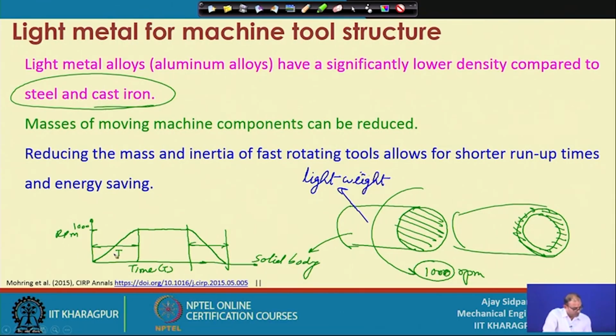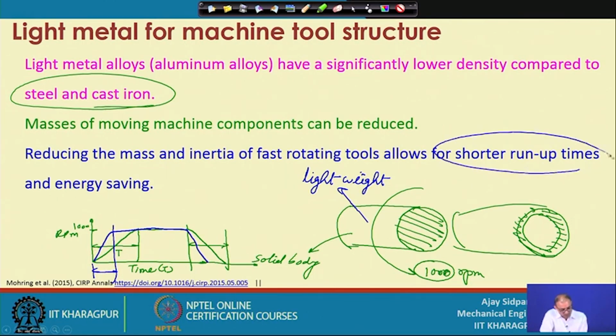Now, what is going to happen in this case is that it may not require so much time to reach this location, and when it is ending here, it may not require the same amount of time. So, this is the time required for a shorter run up. This is called shorter run up.